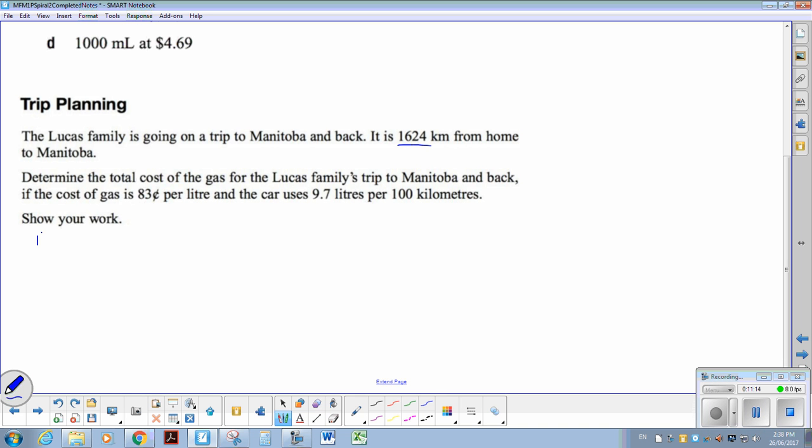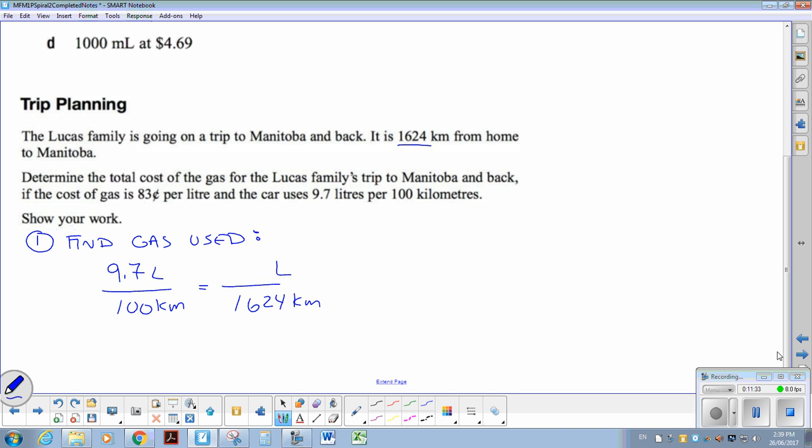Step one is find the gas used. So 9.7 liters for every 100 kilometers. Well, they know they're going 1,624 kilometers, so we've got to figure out how many liters.